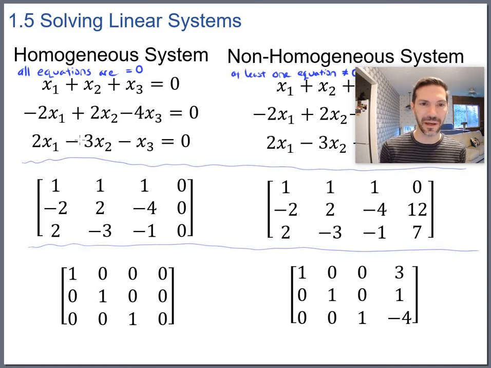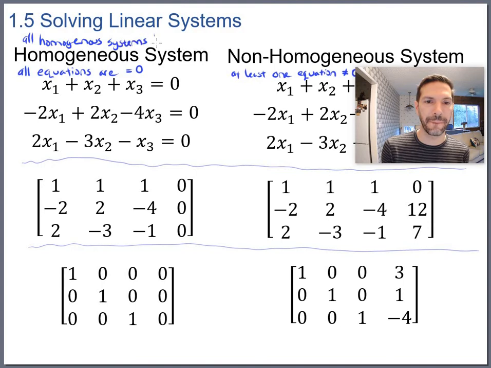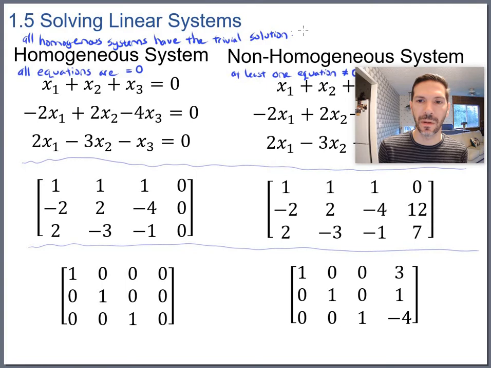All homogeneous systems have what they call the trivial solution, which is all variables, x1, x2, x3, x4, whatever, equal to 0.